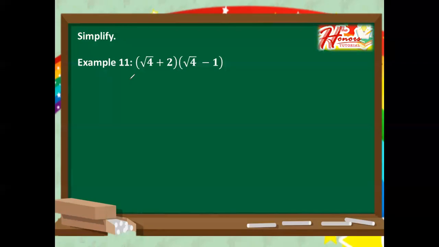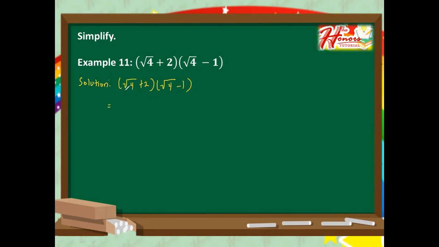Let us have the shortest and easiest way of solving it. So solution, let's copy the given. So that is square root of 4 plus 2 times square root of 4 minus 1.